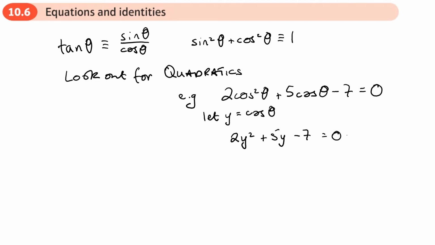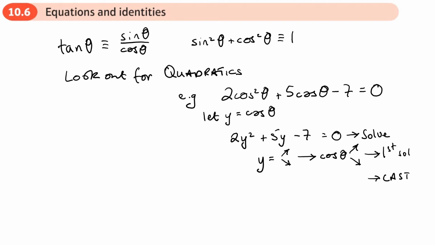We can solve that using the quadratic formula, and that will give us maybe 2 different values of y, which basically means cos theta equals that. Then from there we'll get our principal solution, and then we'd use our CAST diagram. So a bit more going on.